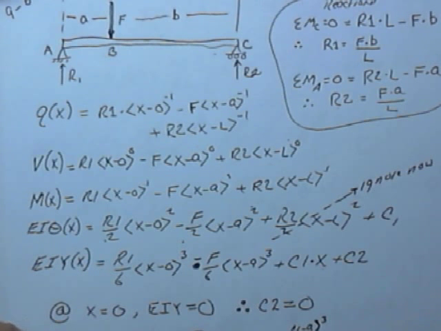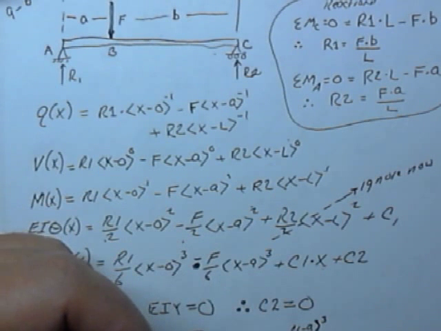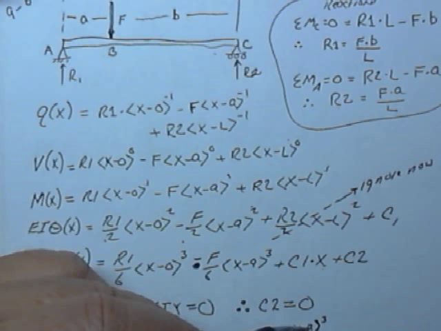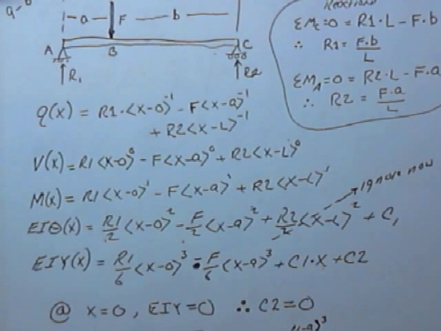This term becomes L cubed. This term becomes L minus A cubed, without the singularity function brackets, because L is a constant and bigger than A. From this, I can solve for C1, and it's going to be a minus 1 over L times these two terms, which was the R1 over 6 L cubed, and then minus F over 6 L minus A, regular parenthesis, cubed.